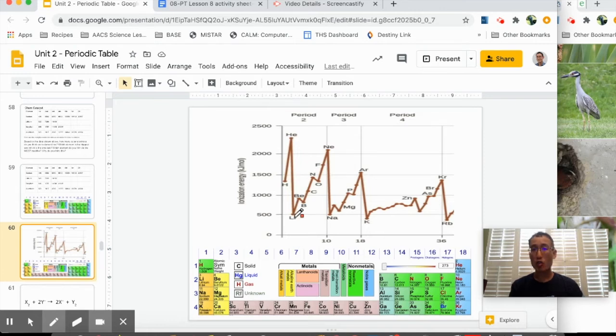If I look at the trends of how easy it is to remove that first outer electron, what do we notice in terms of the amount of energy it takes for the first two elements here? And if I look at the next row, this is lithium down here. What do you notice with the amount of energy it takes to remove that first electron?